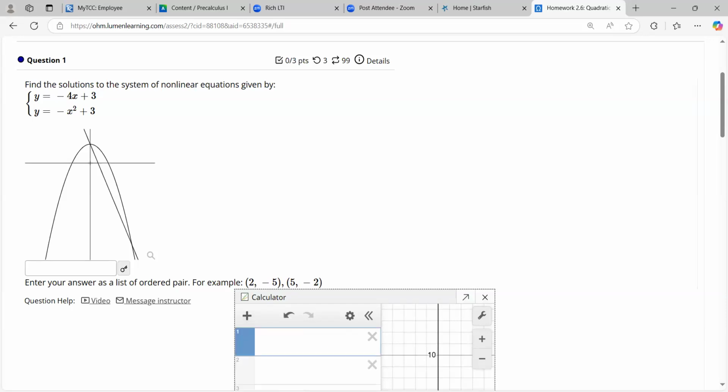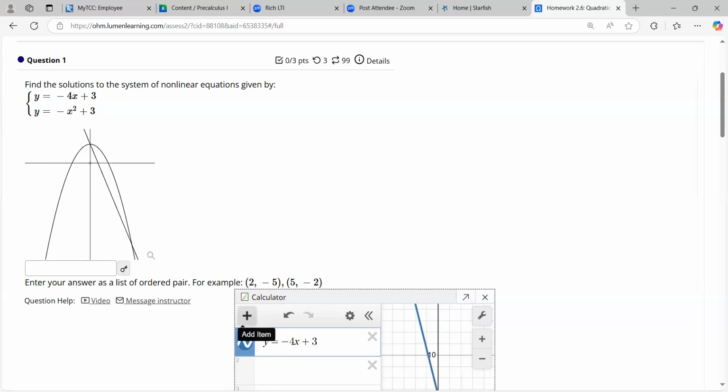The first one is an equation, right? Expression is y equals negative 4x plus 3.